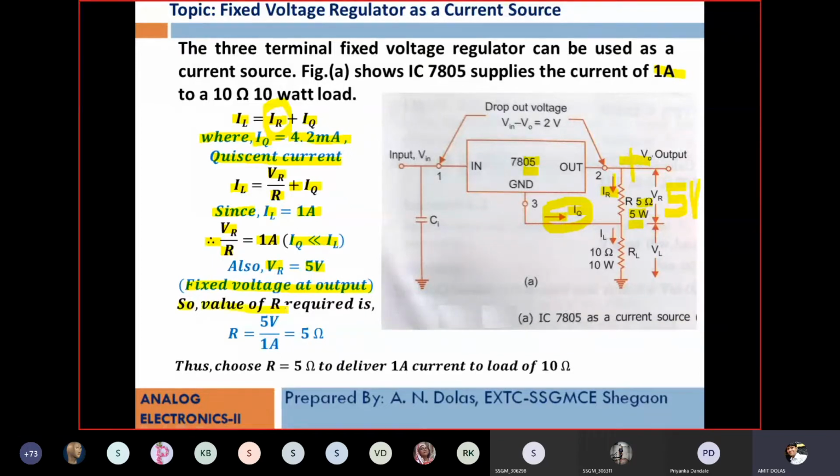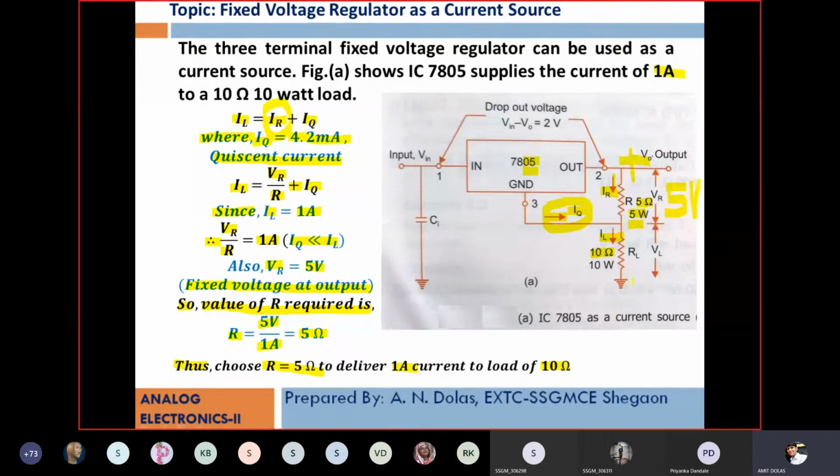So the value of R can be calculated: R is equal to 5 volt, that is the output voltage of the IC, divided by the current through the resistance R, which is 1 ampere, which is 5 ohm. So therefore choose the resistance value of 5 ohm R to deliver 1 ampere current to the load of 10 ohm value. Of course 1 ampere into 10 ohm, it will be 10 watt. So a 10 watt resistance is recommended for this circuit.